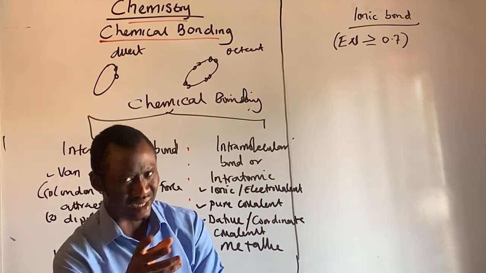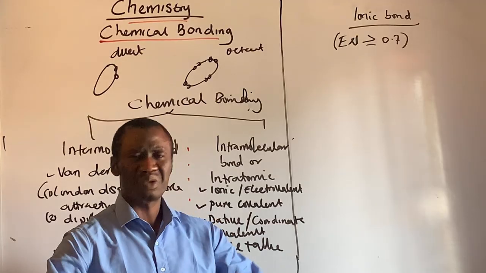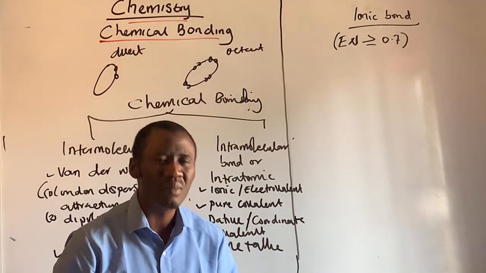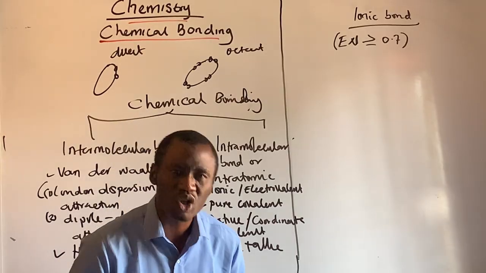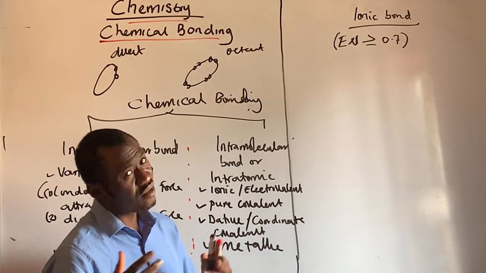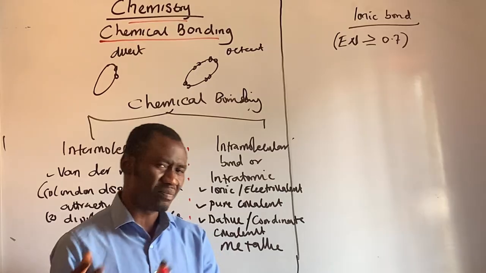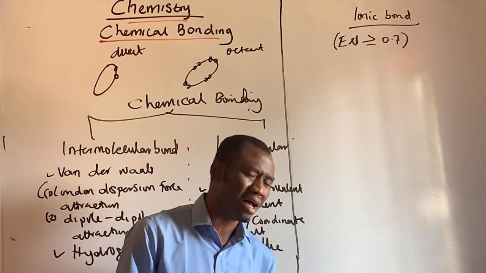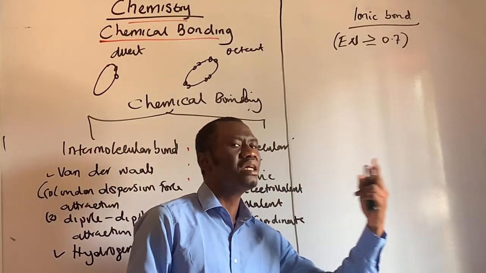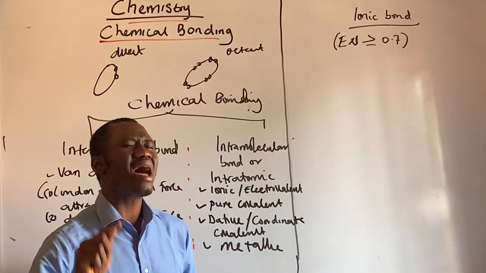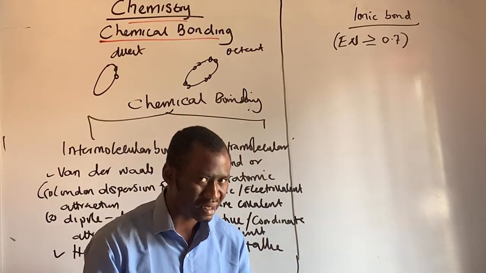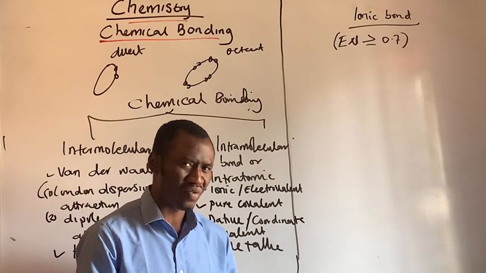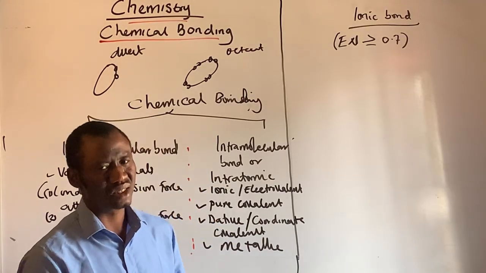Let me take that again. Understand the concept first. You can define it in any form, but understand the concept. If you don't understand the concept, then you have a misconception. It involves the transfer of electrons from the metal to the non-metal in order to achieve a stable state. Why does a reaction occur? So that elements will achieve a stable state.